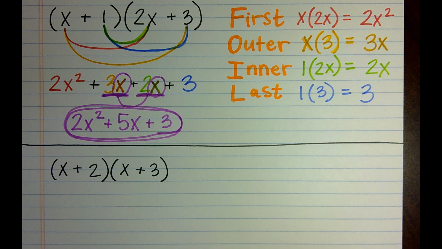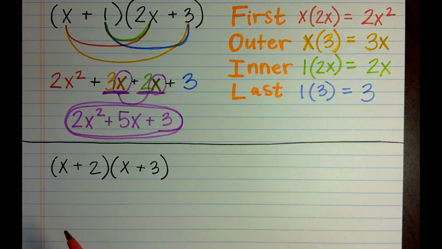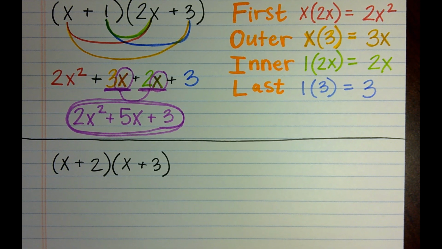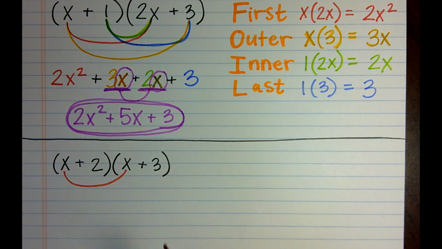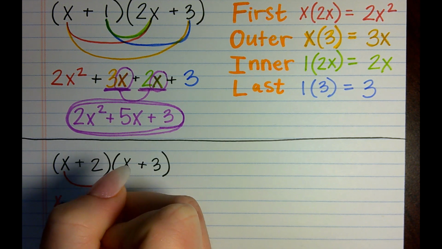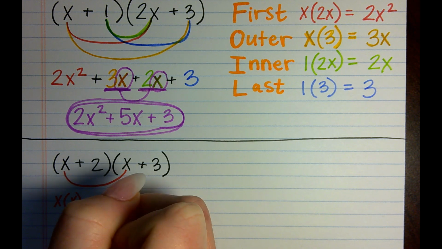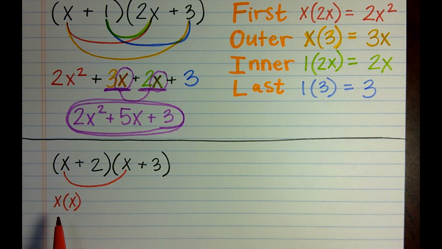So, let's see. What are my first terms in this new problem? X and X. So first is X times X, and I'm going to write it out, but this step that I'm writing below, it's okay if you don't write it.